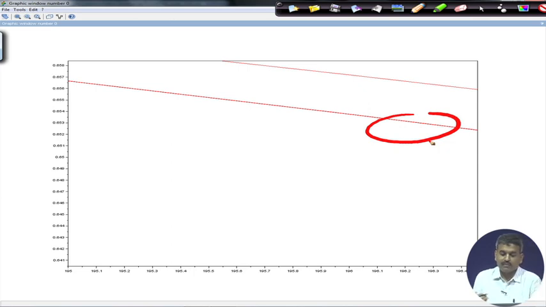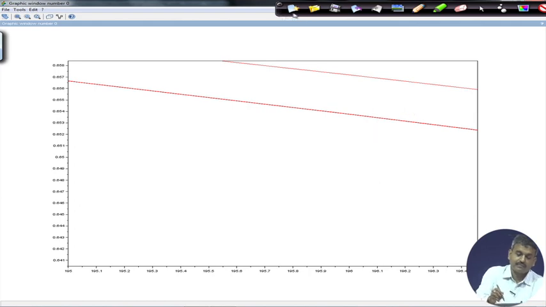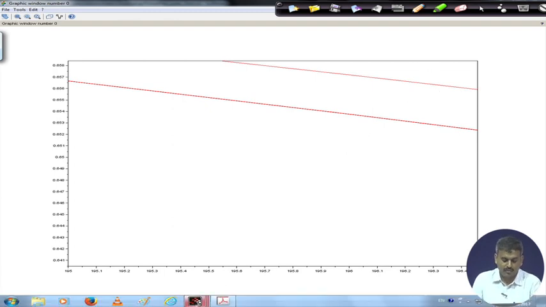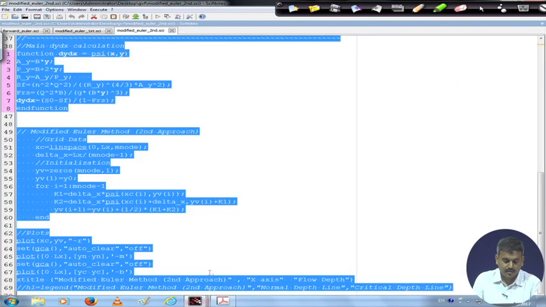So, some amount of difference is there in this case with the forward Euler method, but not with the first approach of the modified Euler method.